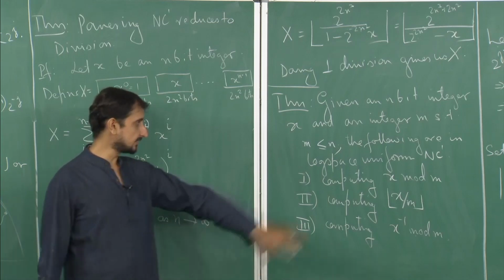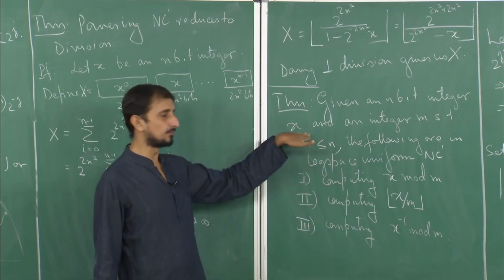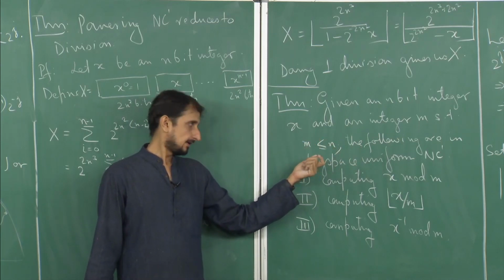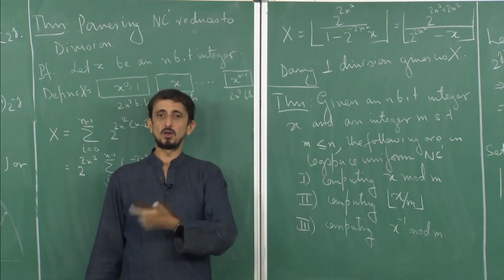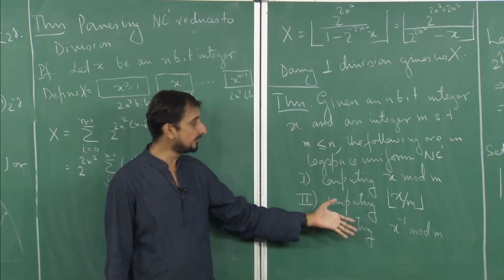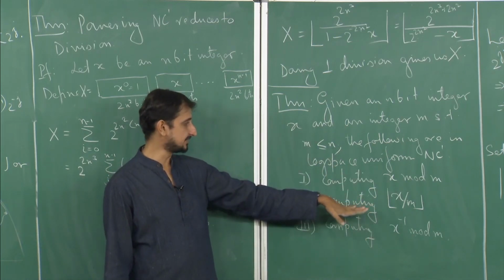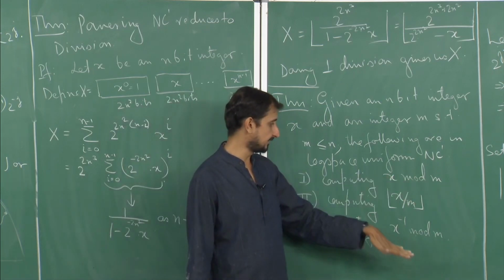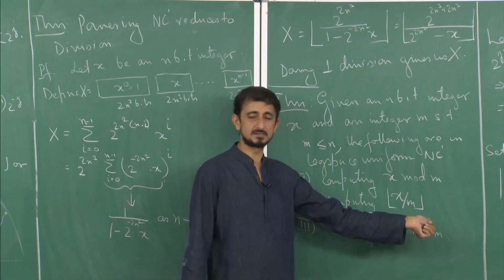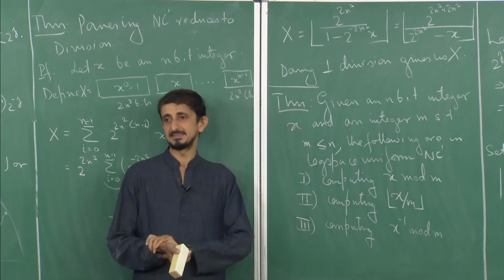Okay. Essentially what it is saying is that if the divisor m is less than n, so m is essentially a log n bit number at most, then we can actually do division and all these related problems, that is division, computing the remainder, and x inverse, in NC1.